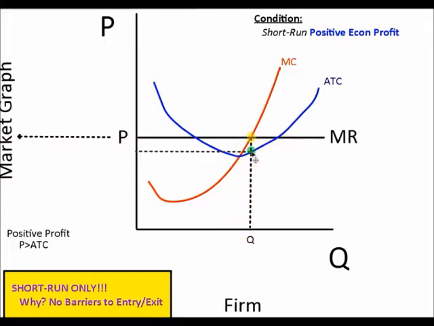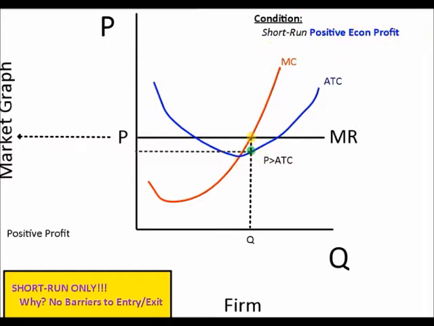So what I want you to do is compare the dollar amount of the average cost of producing the profit max quantity with the price tag of that quantity on the open market. And what you find is that the price is greater than the average total cost. What that means is this firm is earning positive economic profit.